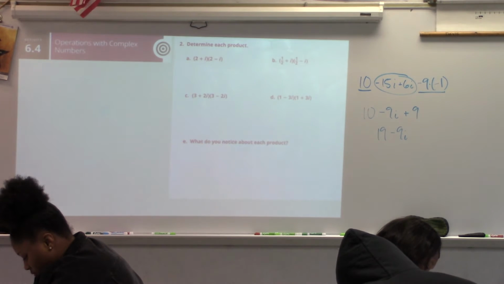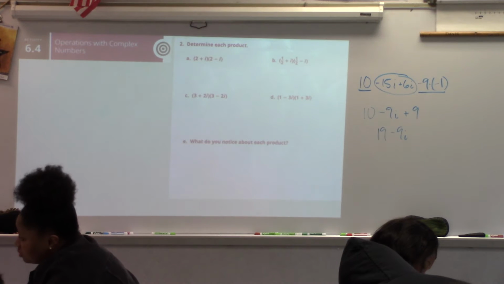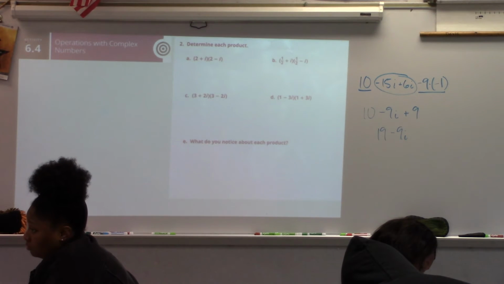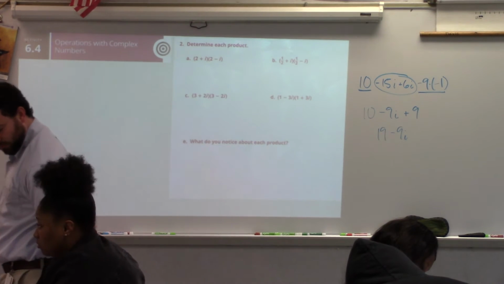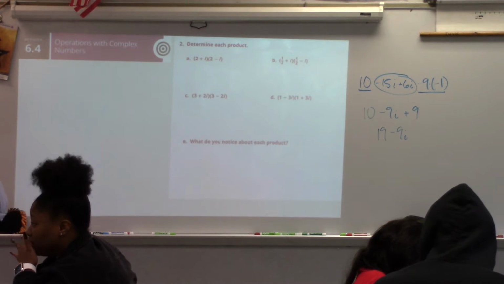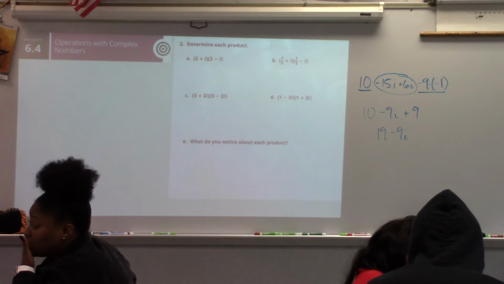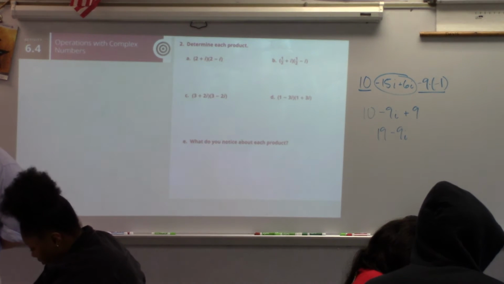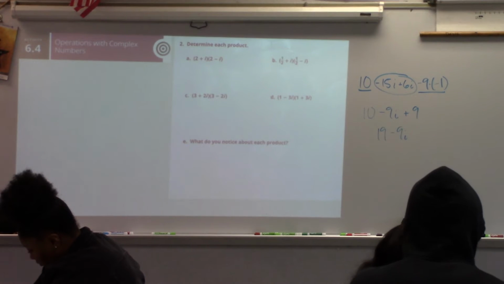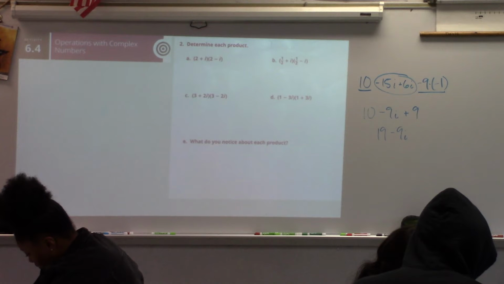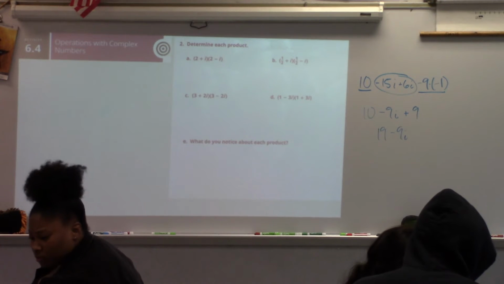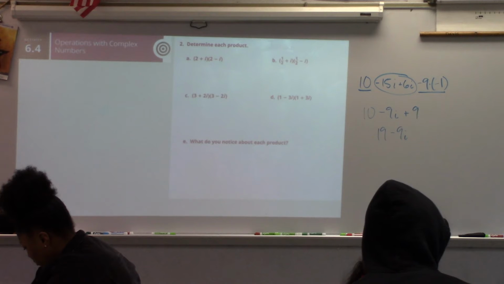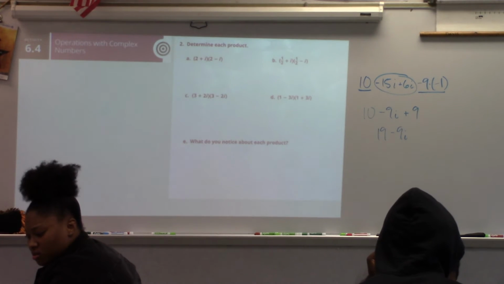Plus 1/2. Wait, i plus i. It'll be 0. Zero times one. And would it be 4 minus i squared?